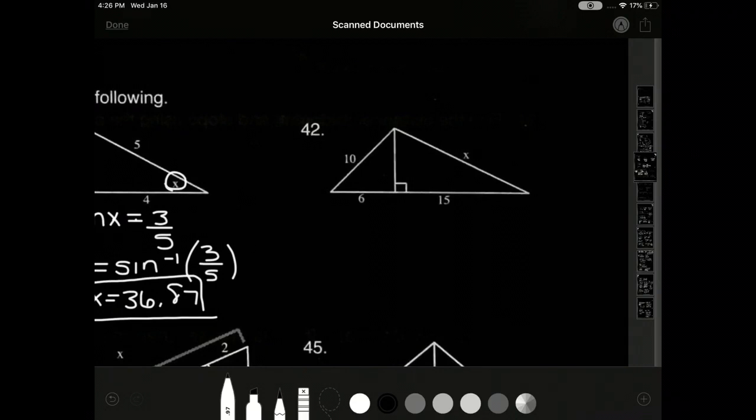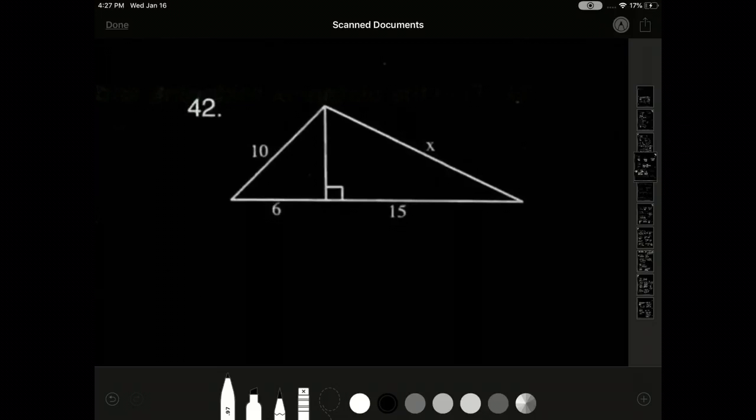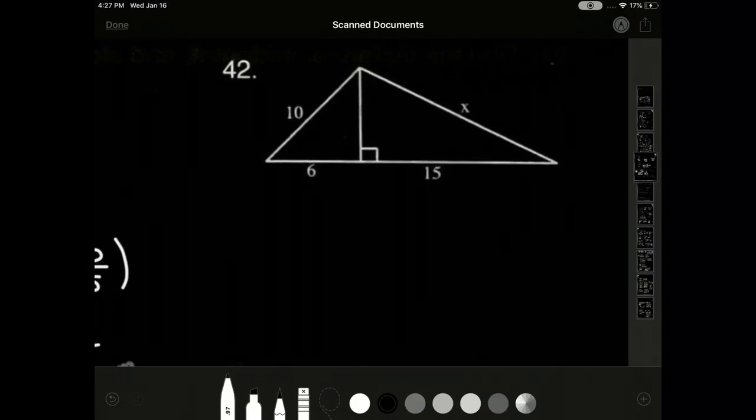For 42, it looks like 40, where we might have to draw some tables and things like that. Or they're right triangles, and we have 2 out of the 3 sides, so we could go ahead and just do Pythagorean theorem a couple times over. All right, so what we could do here is, I'm going to label this guy y.